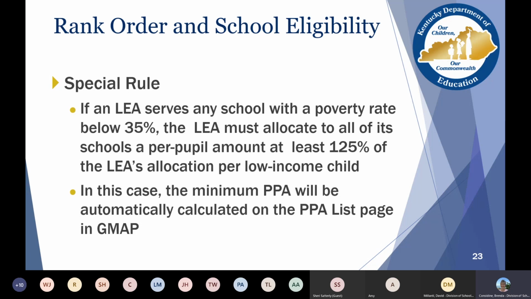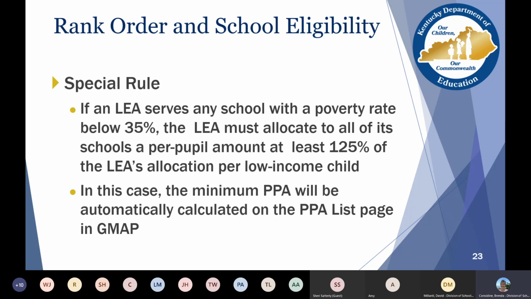So anyhow, there is a special rule when it comes to rank and order. If an LEA serves any school with a poverty rate that is below 35%, the district must allocate to all of its schools a per pupil amount at least 125% of the district's allocation per low income child.